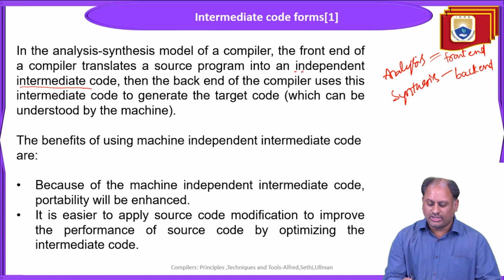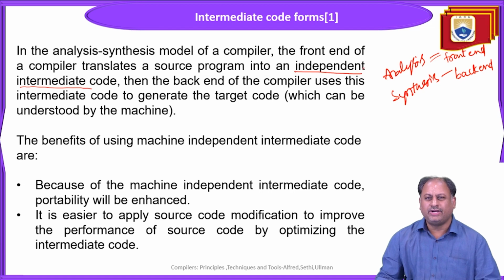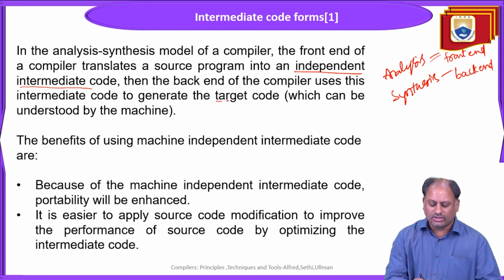That code is independent intermediate code, and this code is taken by the synthesis part, that is the back end of the compiler, which uses this independent intermediate code and generates a target code.